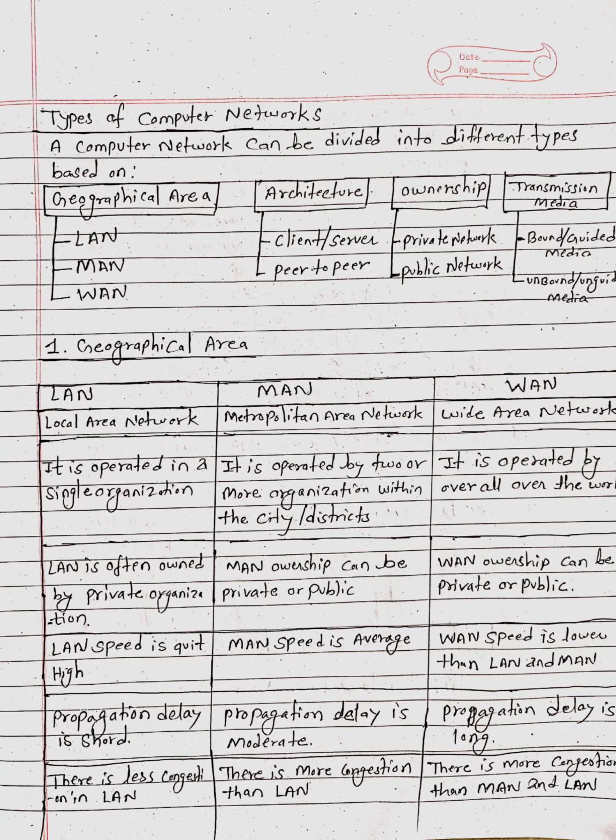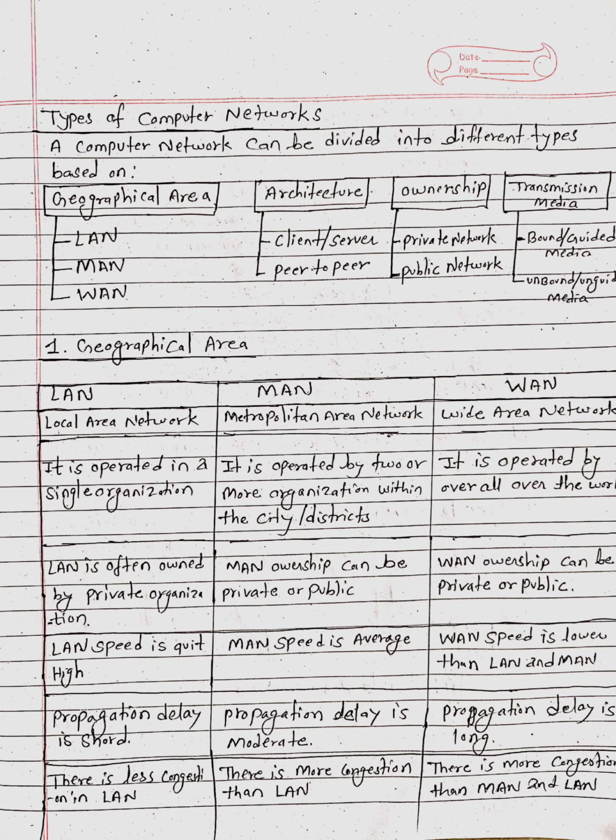On the basis of ownership, network can be divided into two categories, that are private network and public network. On the basis of transmission media, network can be divided into two categories, that are bound guided media and unbound unguided media.